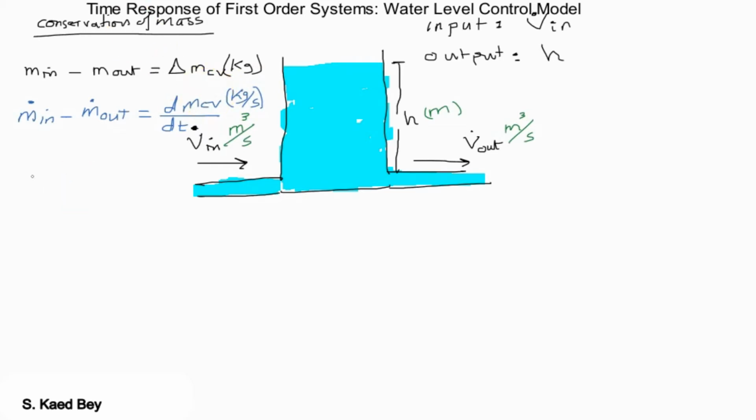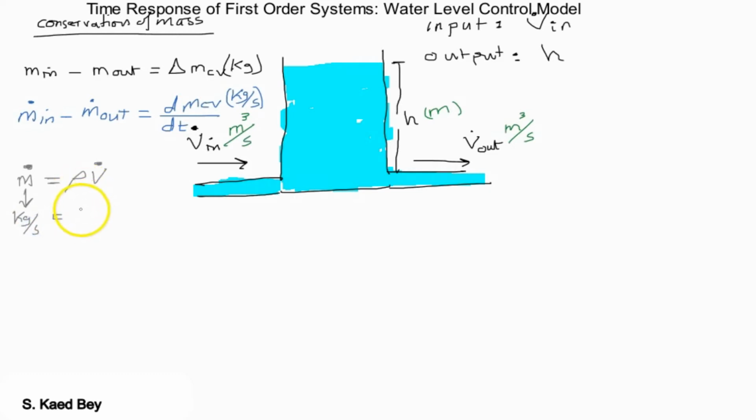The mass and volume flow rates are related by this relation. Mass rate equals the density multiplied by the volumetric flow rate. So this has a unit of kilograms per second.